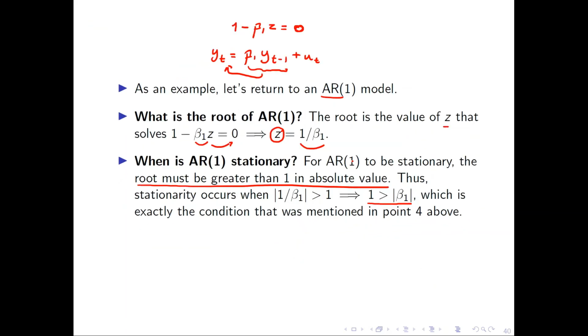So this is how you calculate the root of the AR1 model and test whether, or get an idea if, the root is such that the autoregressive model is stationary.